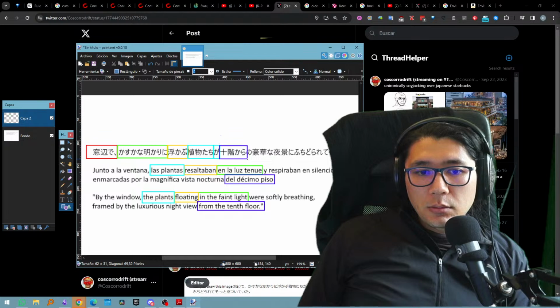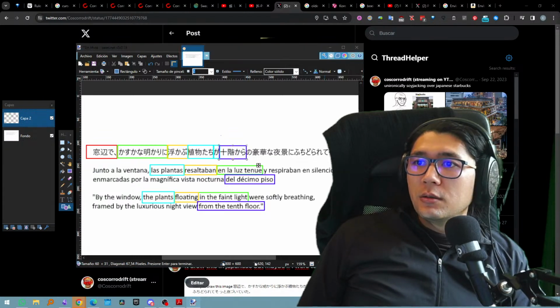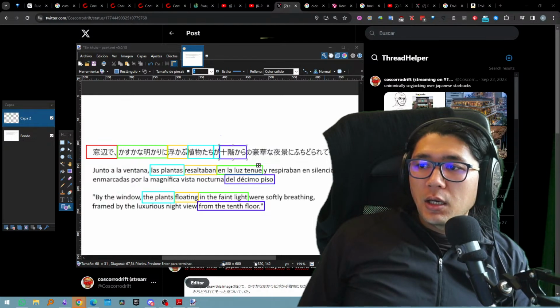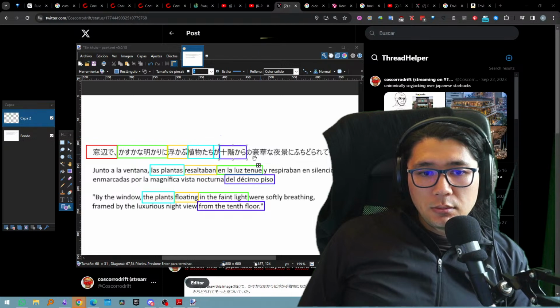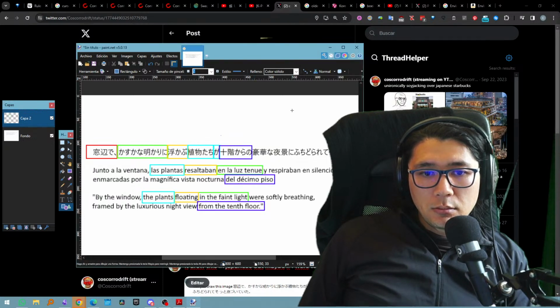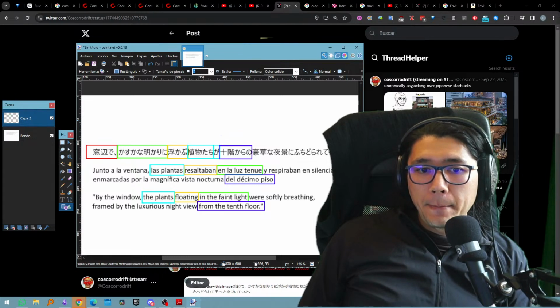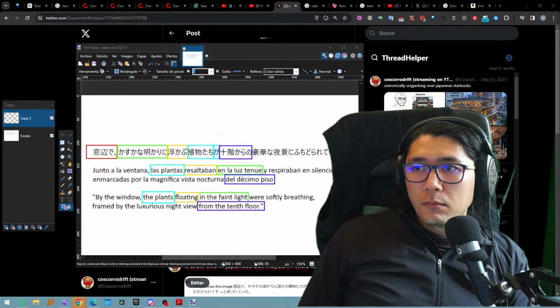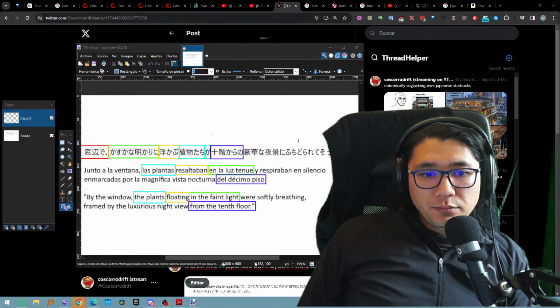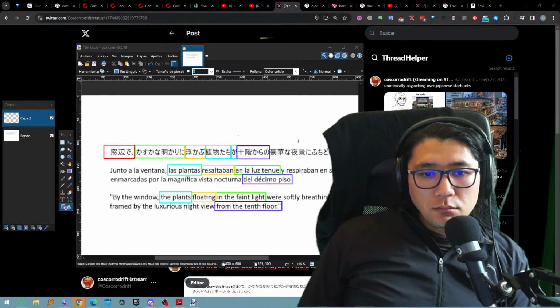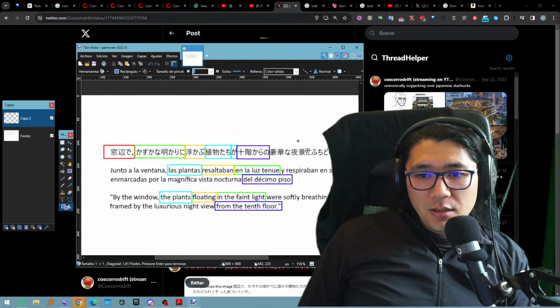Jutokara. I'm not sure how it's pronounced either. Let's see. 10階からの, Jikkai kara no. 豪華な夜景, magnificent night view.